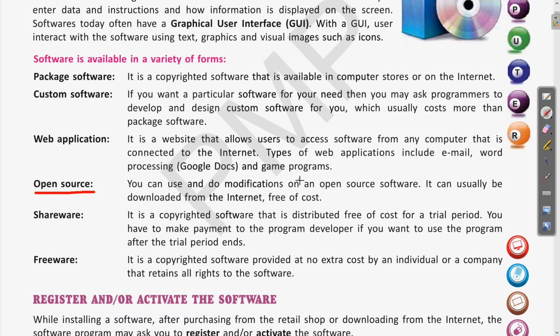So if we can do modification in these codes and we can use them without any restriction, this is called open source software, and usually they are free of cost and can be downloaded from the internet. Clear? So different open source software are like Ubuntu, that is a Linux based operating system.